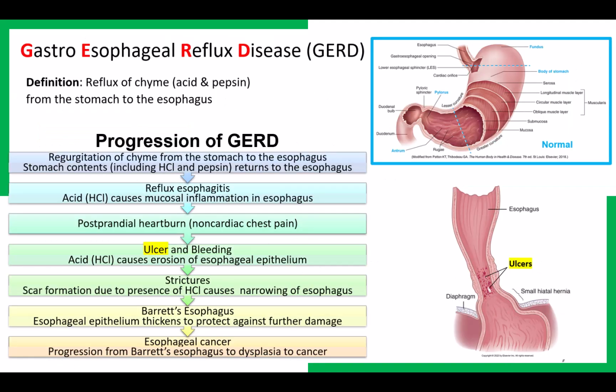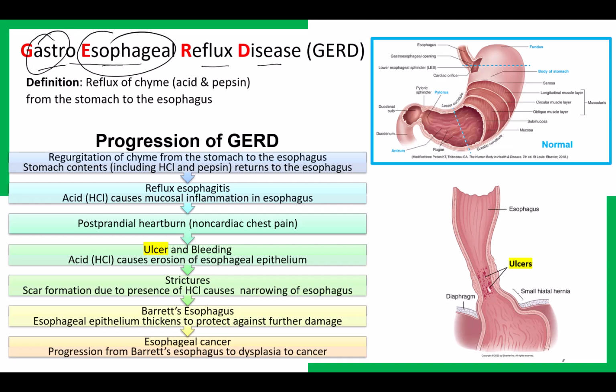So, as I said, the esophagus is not designed to withstand the acid from the stomach. And so with this condition called gastroesophageal reflux disease, again, what it is in the name, part of the stomach contents enter into the esophagus, and it's a reflux because it goes the other way.